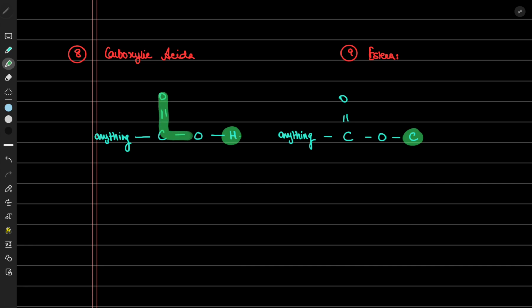This is essentially the entire carboxylic acid group, and this is the ester group. So ester functional group is COO, and carboxylic acid functional group is COOH. As simple as that.